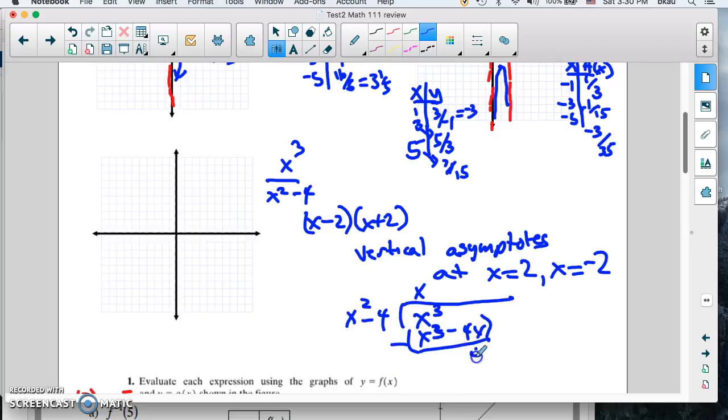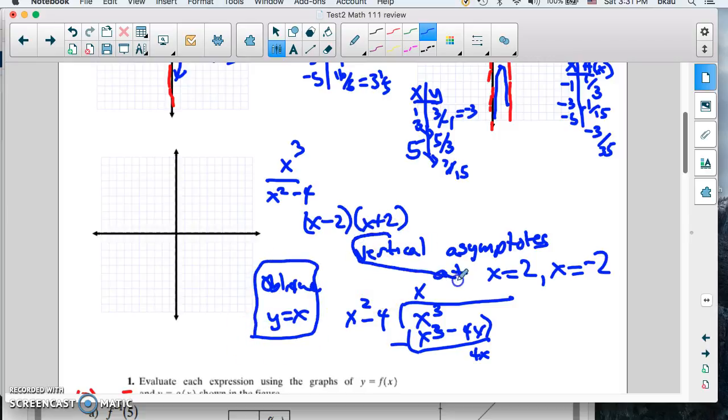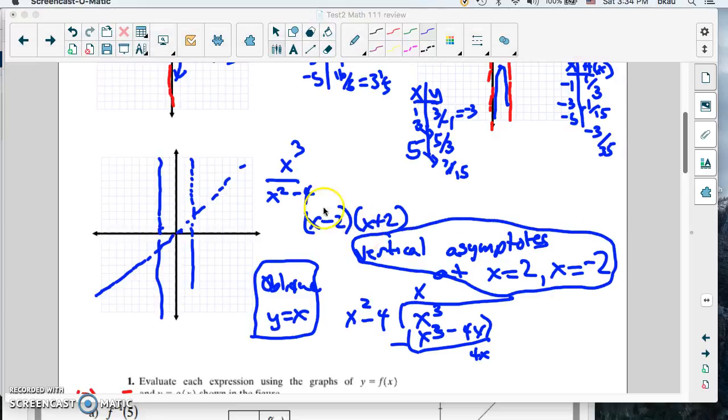We get 4x here, and this doesn't go into that, so this is our oblique. Our oblique is y equals x, just the part that went in evenly. So we have an oblique, and we have two vertical asymptotes.